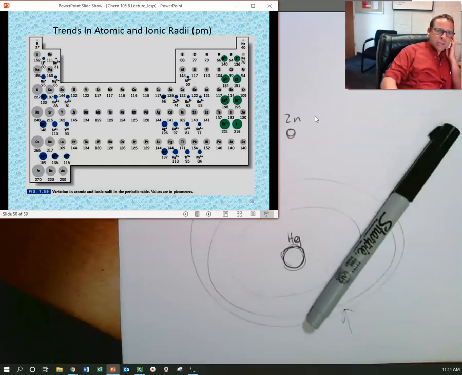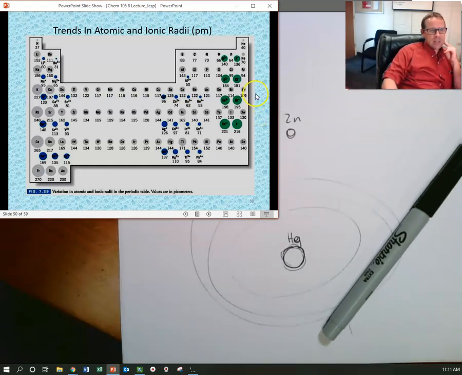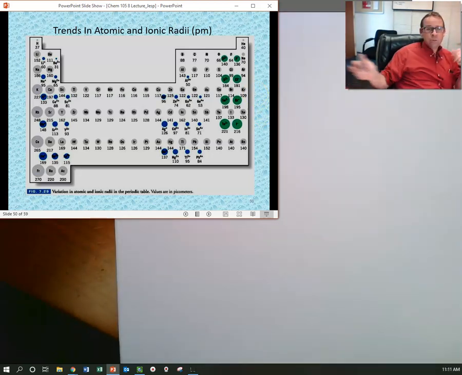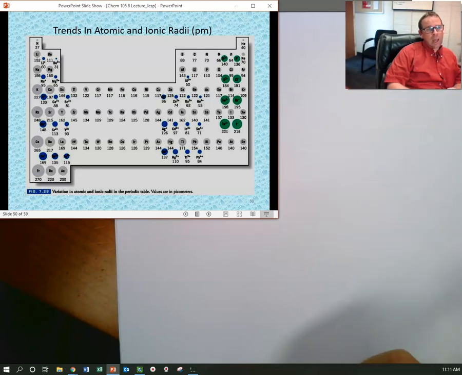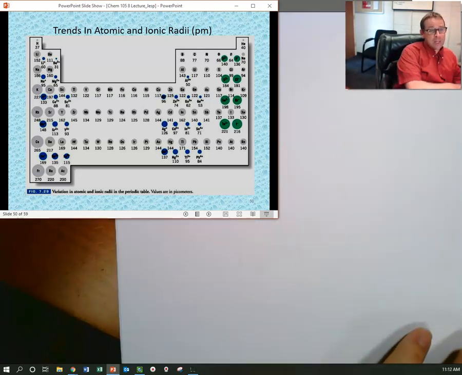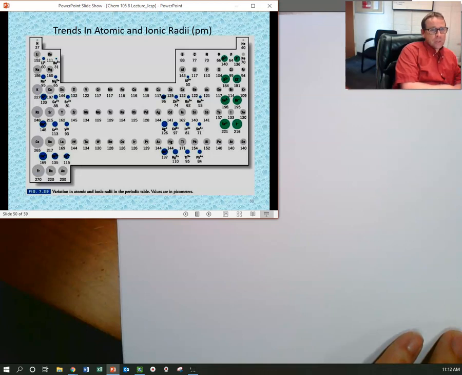So then we have this chart showing us the size of atoms, and our new understanding of how the electrons are filling in atoms and orbitals can be used to explain these differences in sizes. So if you look at something like lithium here, it's not surprising that sodium is larger.